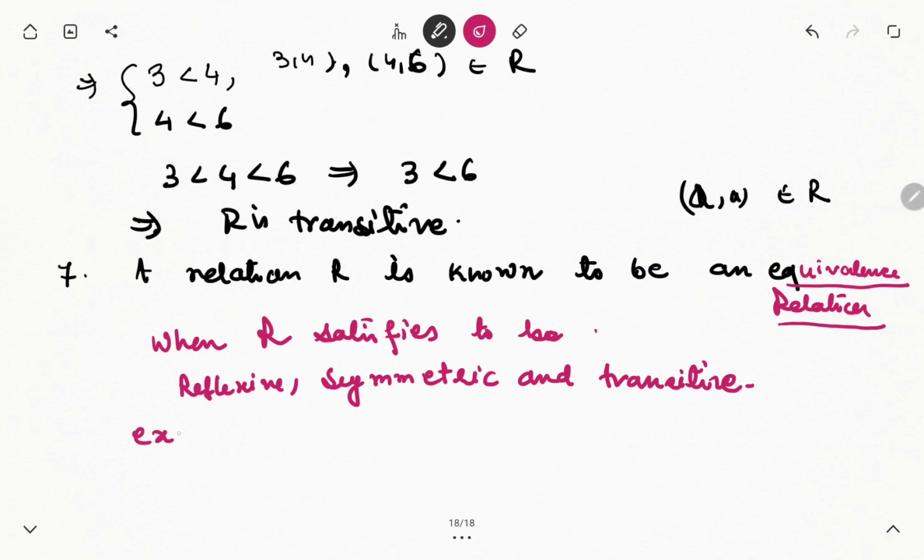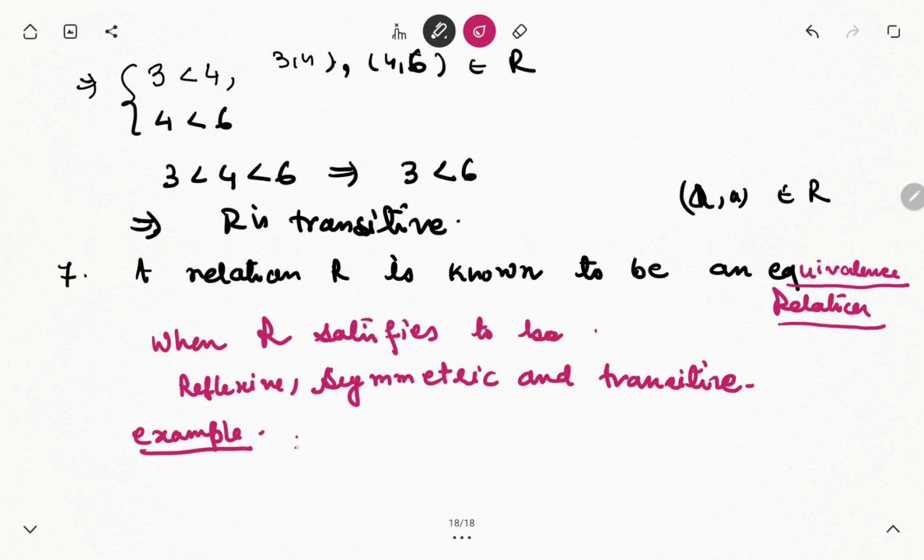Example, this is again an example from your NCERT book. The problem is solved there, and the solution is given there, but we should understand how beautifully the example has been tackled here. See, the relation is given in a set of triangles, right?